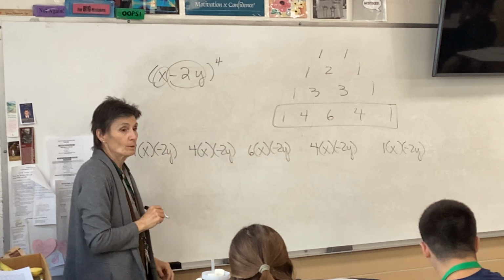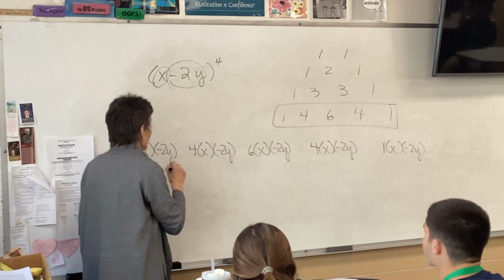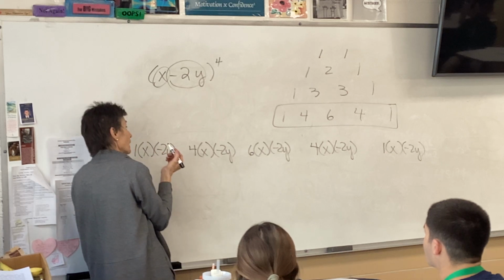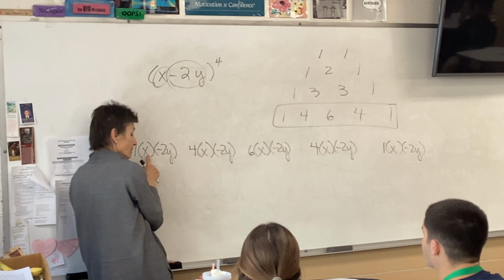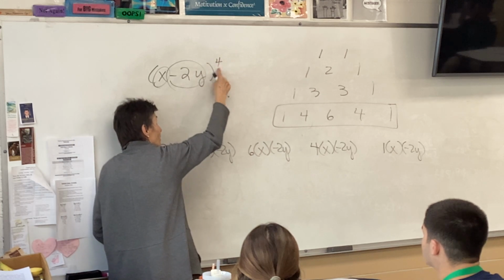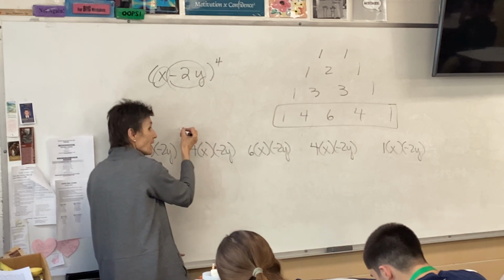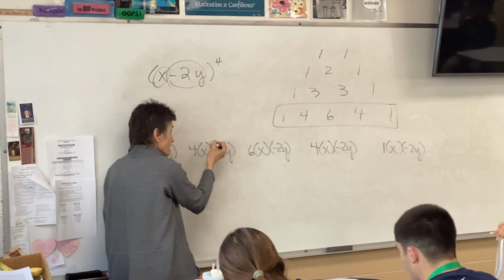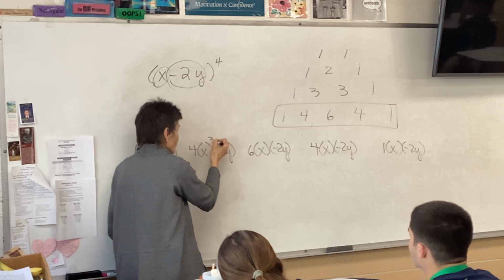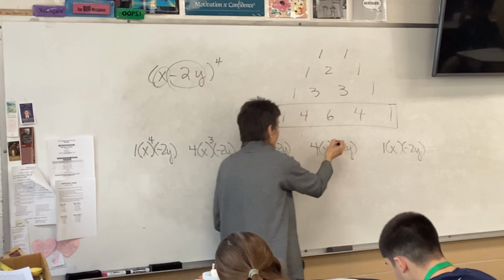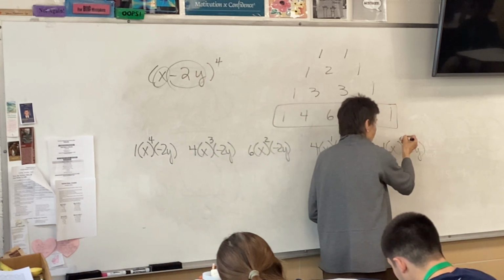Step 3, put your powers on. Okay? Now, I gotta start with a power right here. First letter, first power is going to be that. So 4. And then what happens to my x's as I go down the line? 3, 2, 1, 0.